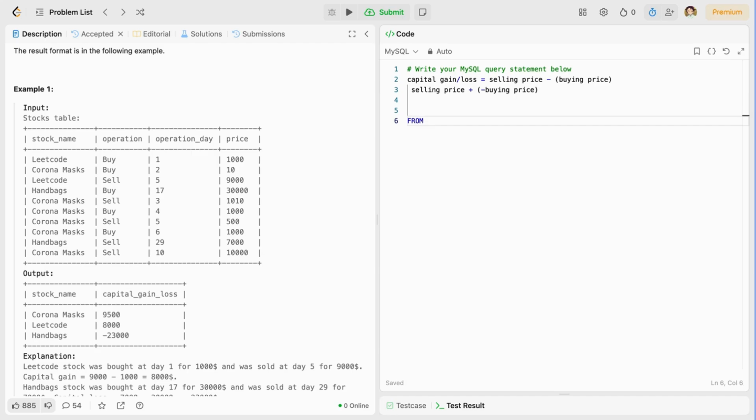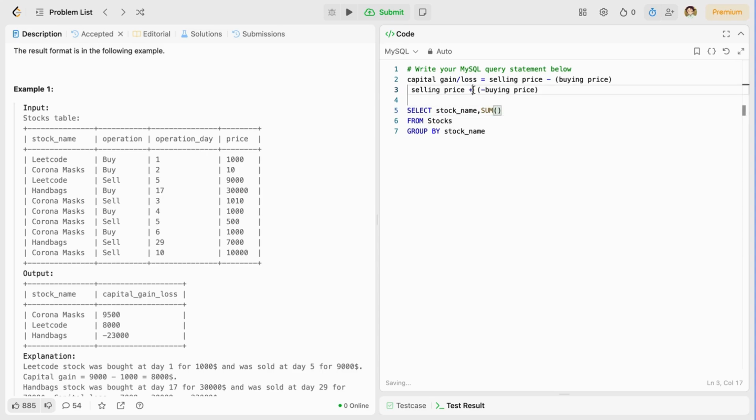So from the table called stocks, we need to group by the stock name, stock_name. And what we need to return in the output table is the stock name, and then we need to perform the summation here.